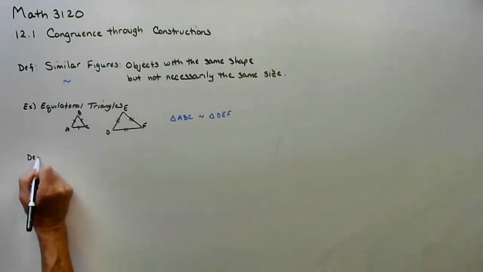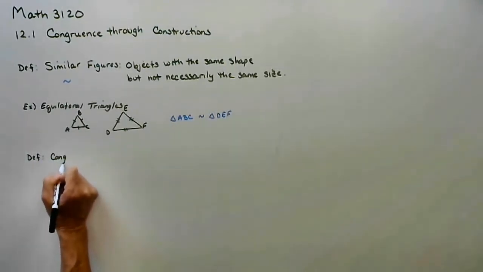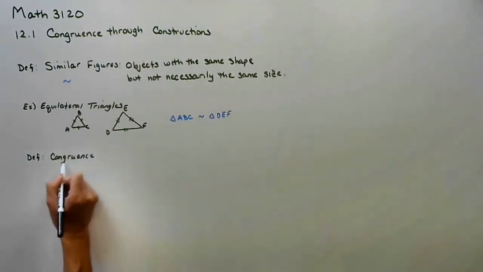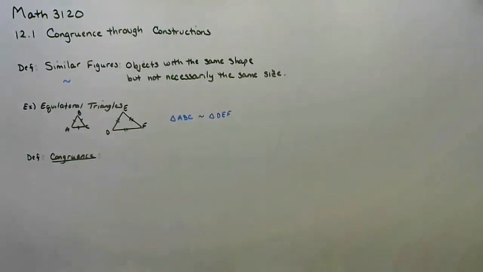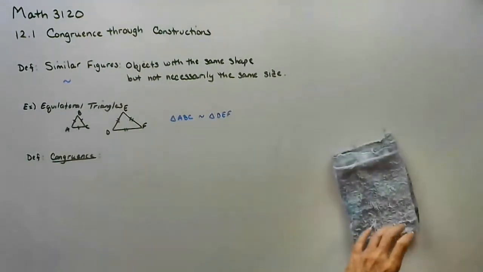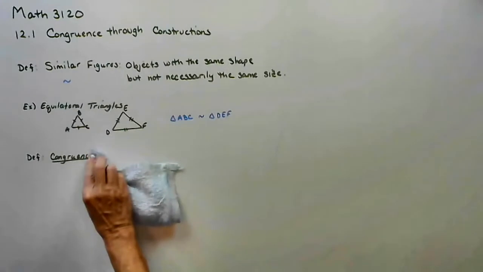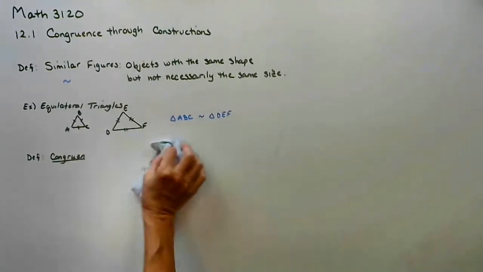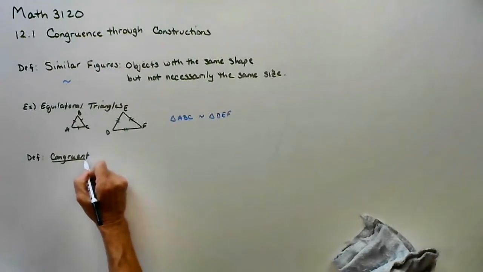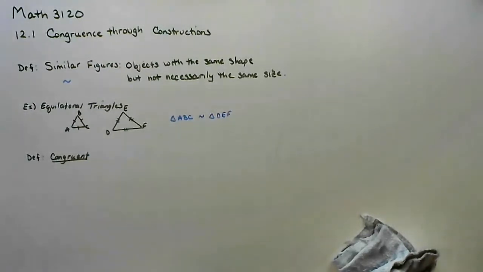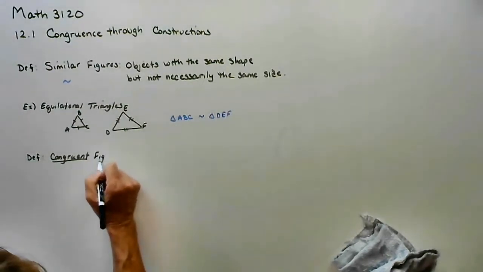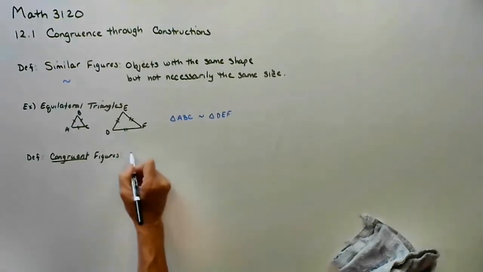Whereas if we look at the definition of congruence, okay, congruent, if something is congruent, let's do congruent, not congruence, just a different form of the same word. Congruent means they have the same measure. So congruent shapes or congruent figures are objects or shapes which have the same size and shape.